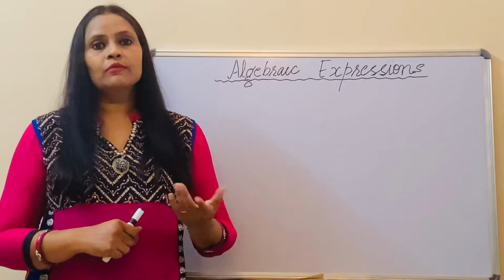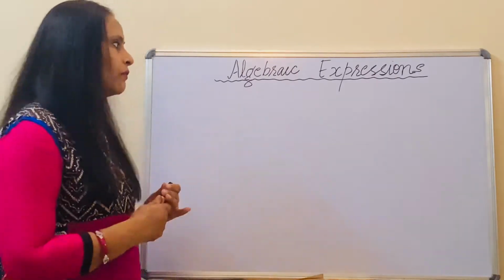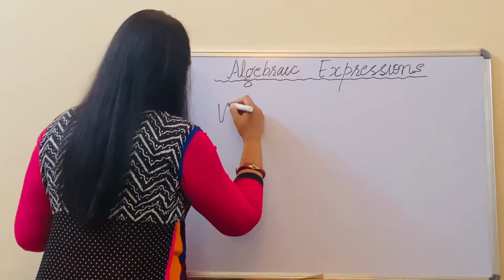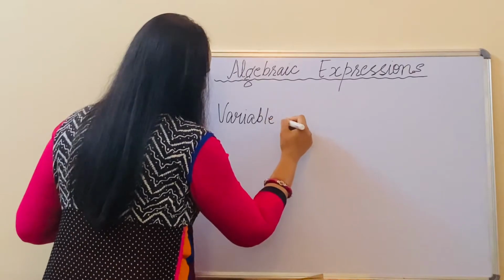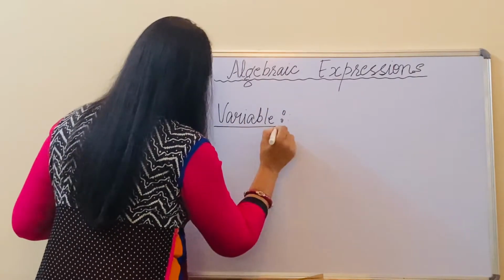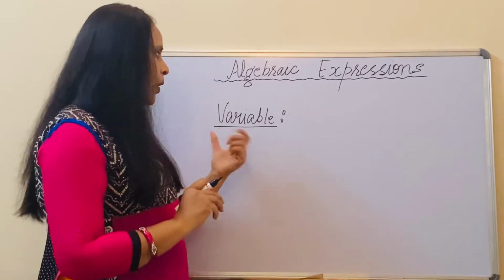You see here I am using two words, a constant and a variable. First of all, we should understand what a variable is. As the name suggests, variable is taken from varies.